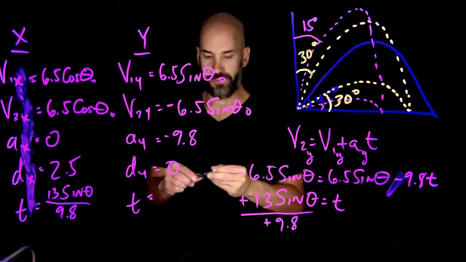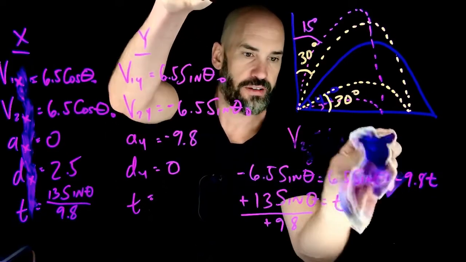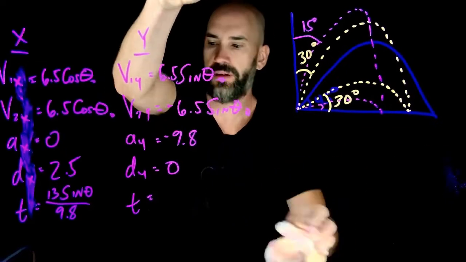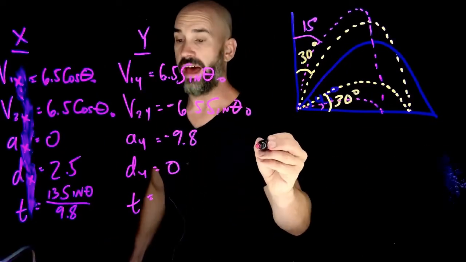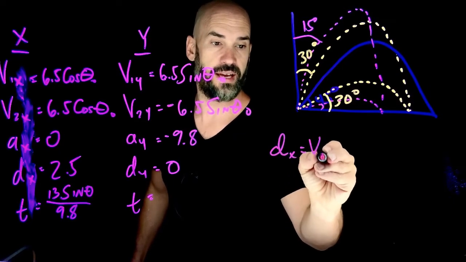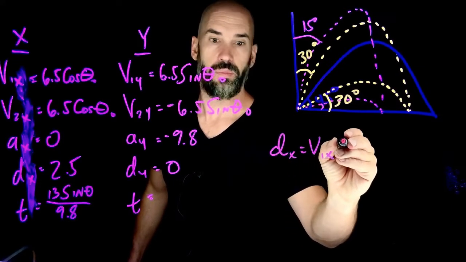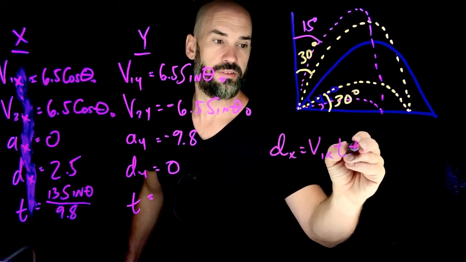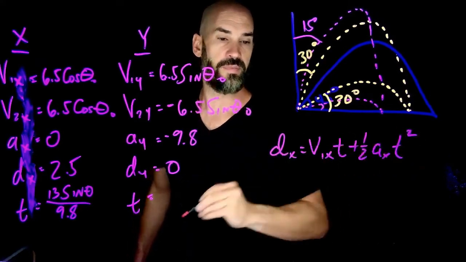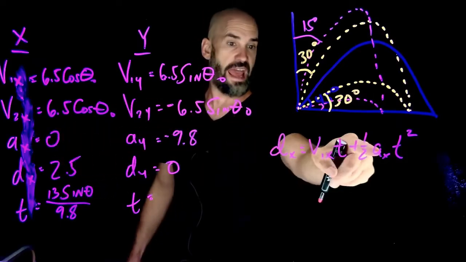Because I also know, and I'm going to erase this chunk now so that I have more room, that dx equals v1x t plus 1/2 ax t squared, right? And we know that in the x dimension, ax is 0.